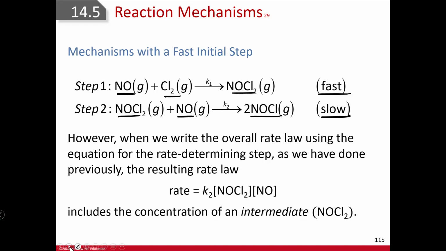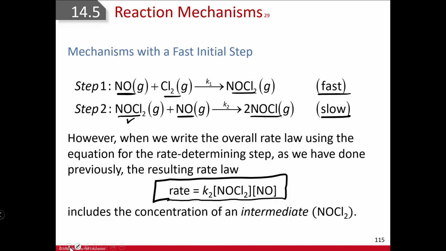So when you write, if this is a slow step, this is the rate law that you would get, right? I think you guys can do that at this point. But here's the problem. Where did this come from? Well, it's an intermediate.